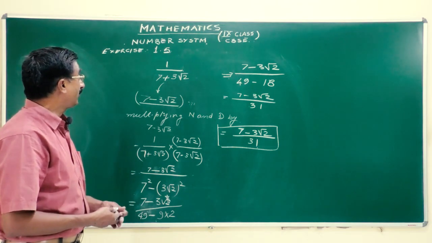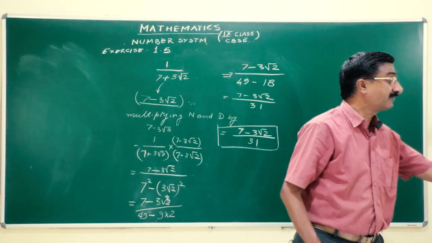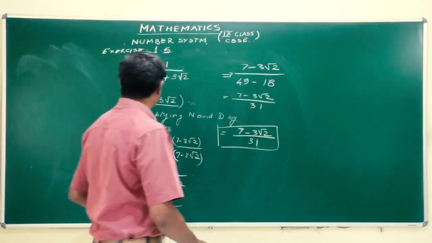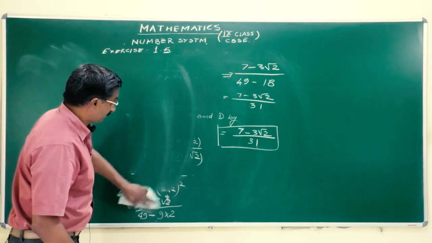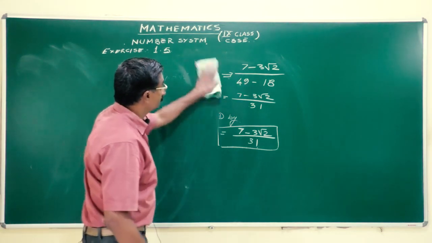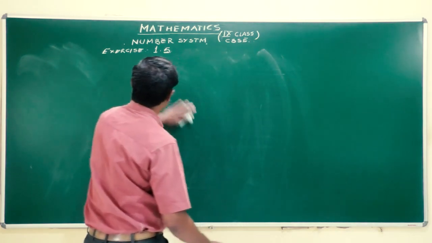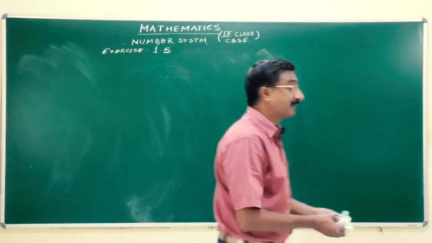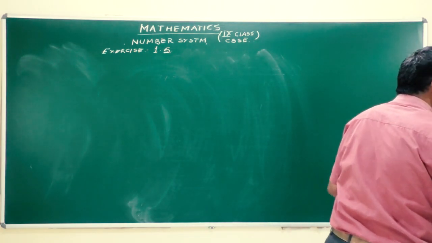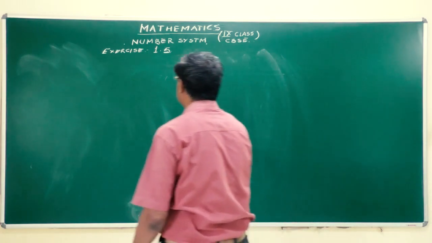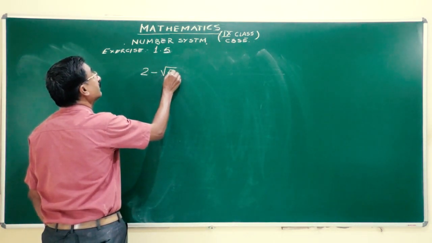Clear? So now all the examples before this exercise are completed. Now we will start with the exercise. Very first one, exercise 1.5. The very first question is: classify whether the number is rational or irrational. 7 minus under root 5.